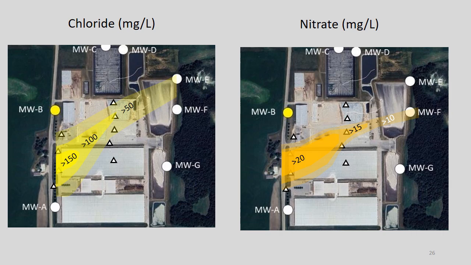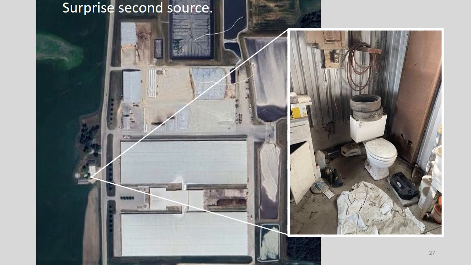But when we looked at the chloride and nitrate in the temporary wells, we found a second plume going through this site, not just a regional groundwater flow with nitrate in it, but a second one. And we asked some questions and found out that there was an old toilet in this building, and this building predated the dairy and was not used.